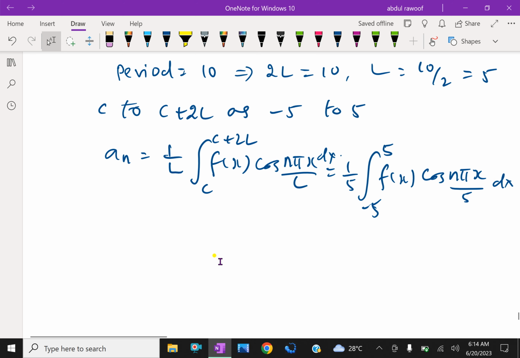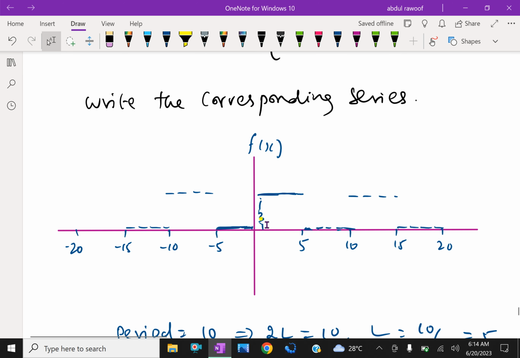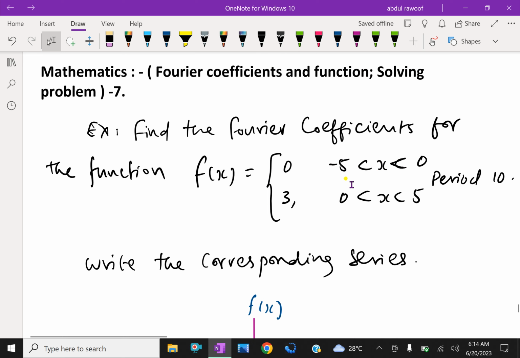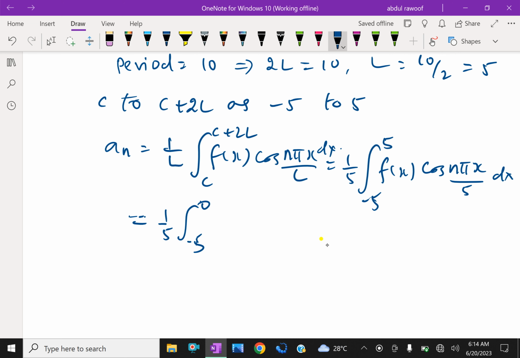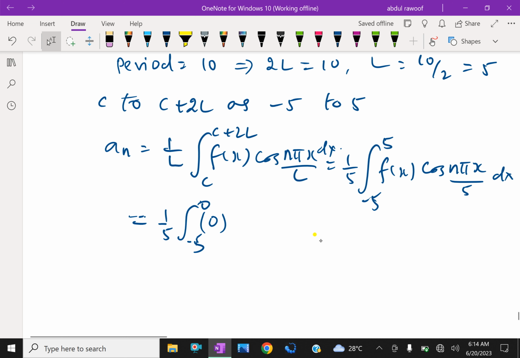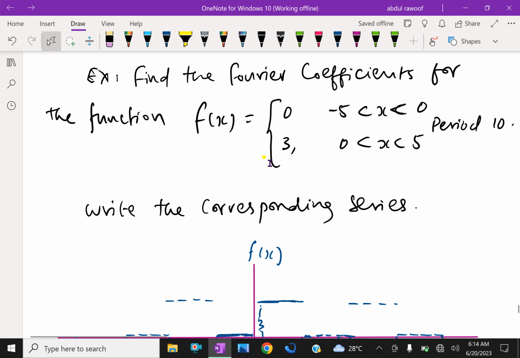Now one over 5. The function f of x from minus 5 to 0 is 0, so that integral, with limits minus 5 to 0, has f of x equal to 0 times cos n pi x over 5 dx, plus the second limit, where f of x equals 3, the condition being 0 to 5.